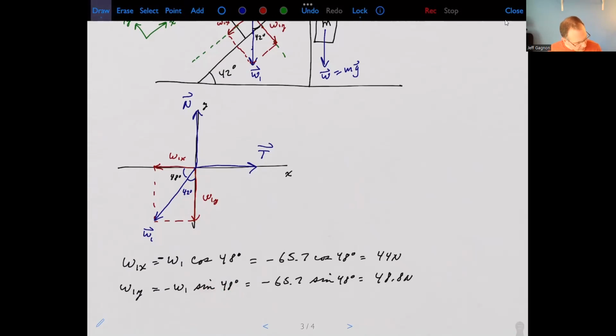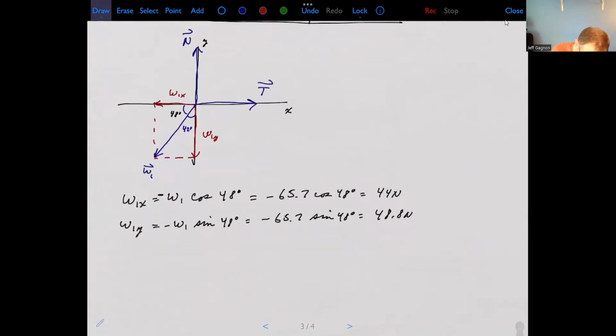Okay, let's do the sum of the forces in the x direction and the sum of the forces in the y direction. Let me start with the y direction. The sum of the forces in the y direction has got to equal 0, because it's at rest. So I want the y component of the normal force plus the y component of the tension plus the y component of W1.